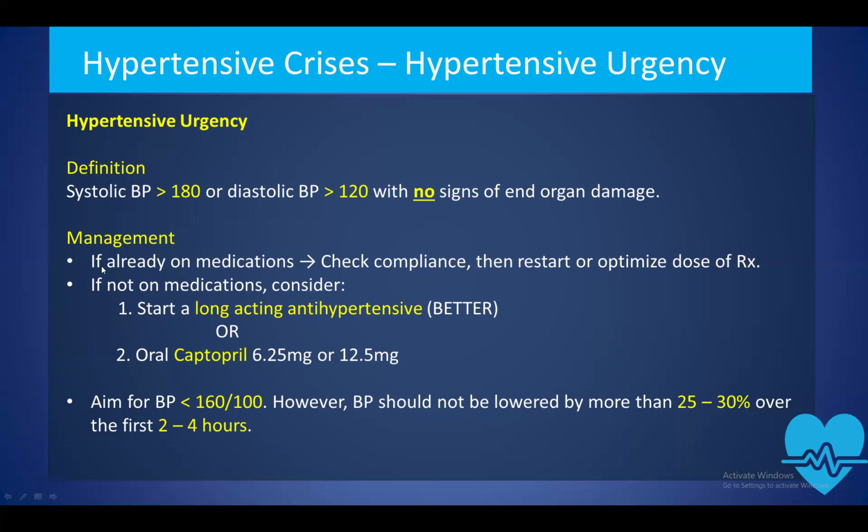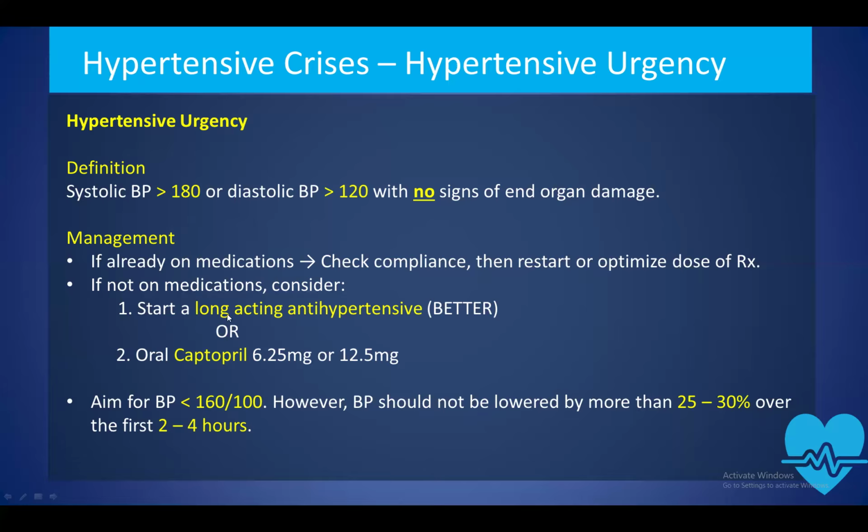When you receive a patient with hypertensive urgency and he is already on medications, then check compliance and then restart or optimize the dose of treatment. If the patient is not already on medications, then you have two options.